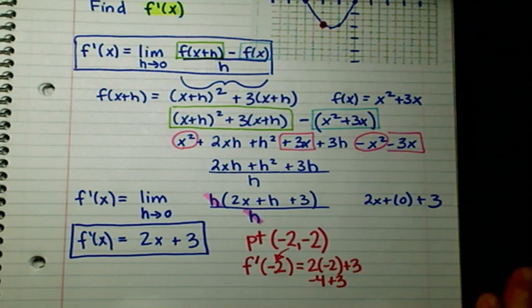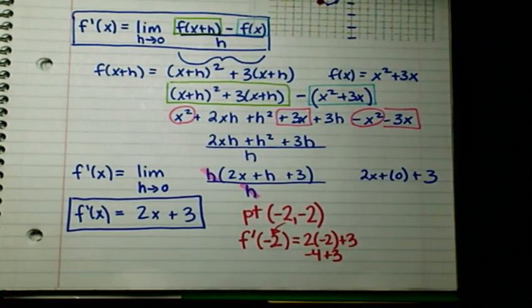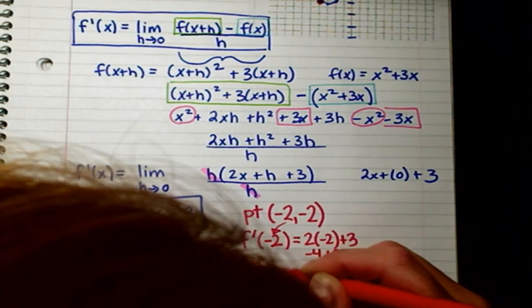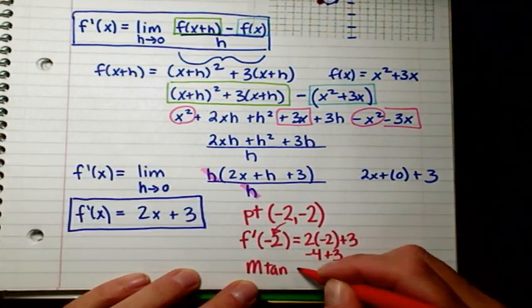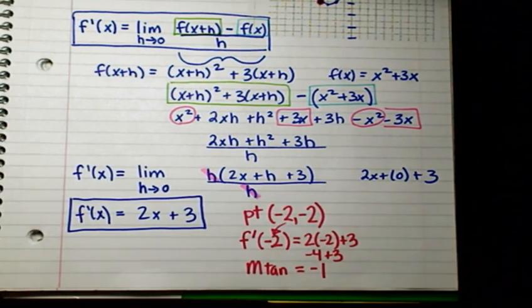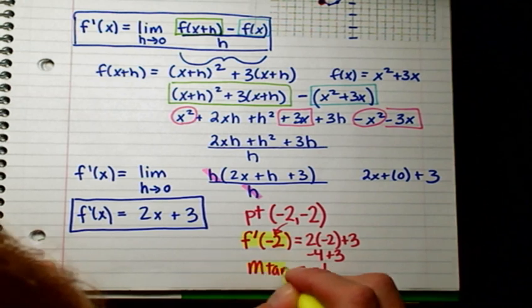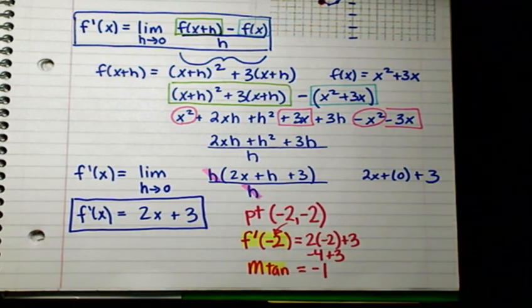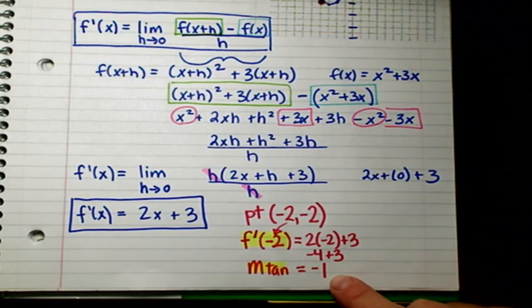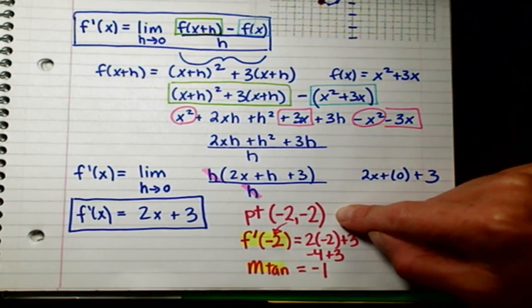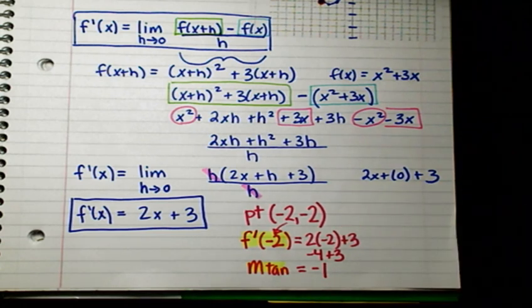Now, f prime notation messes me up a little bit sometimes, so I'm going to switch it to slope tangent because that's what it is. Remember, those words are interchangeable. f prime is interchangeable with saying the tangent slope. So the tangent slope at this point on the graph is negative 1.